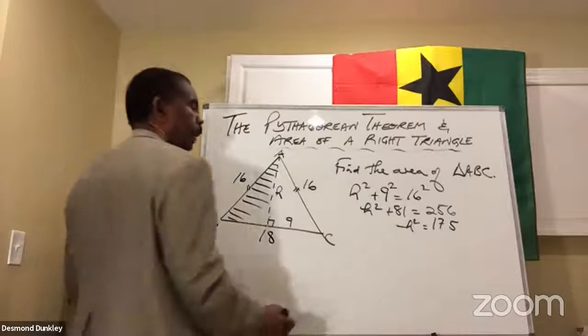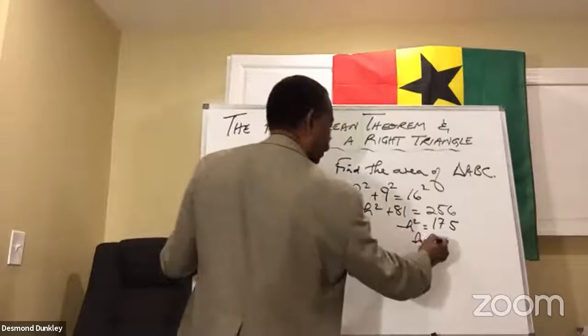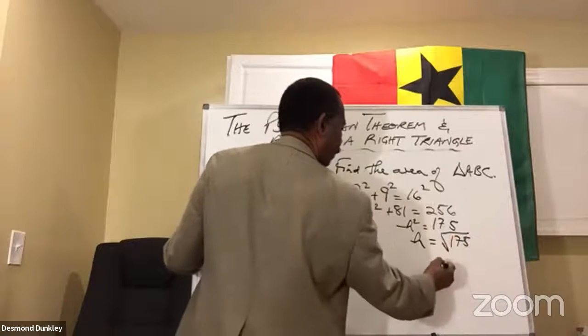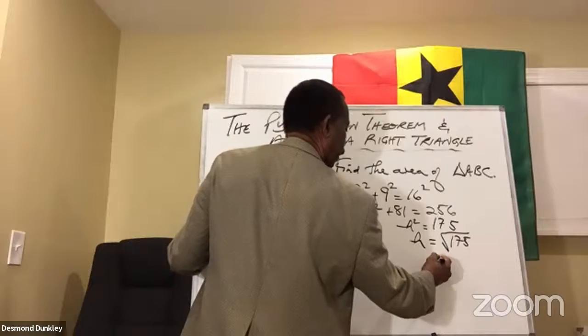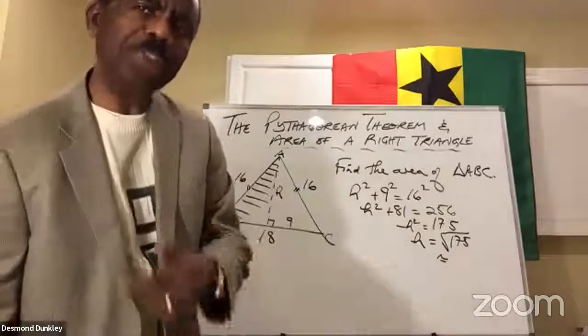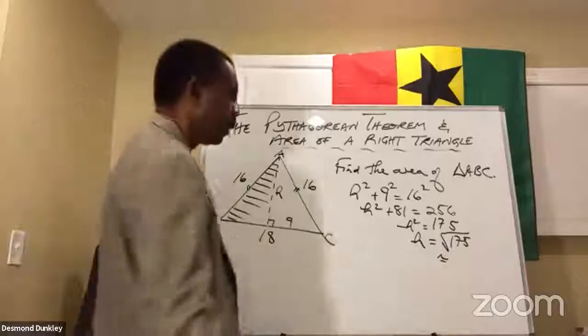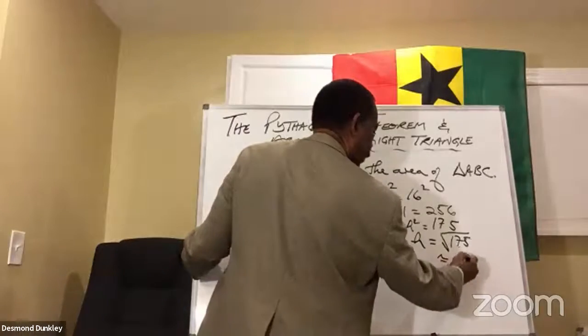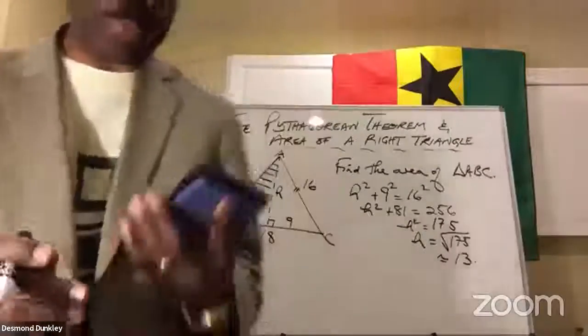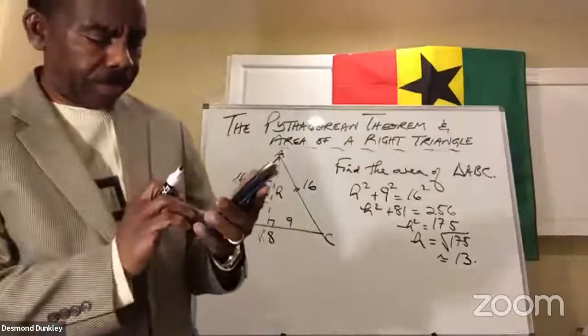Yes? Okay, so therefore h is the square root of 175, which is approximately equal to 13 point something, since 169 is 13 squared. Approximately 13 point what? So let's go and try and find out.